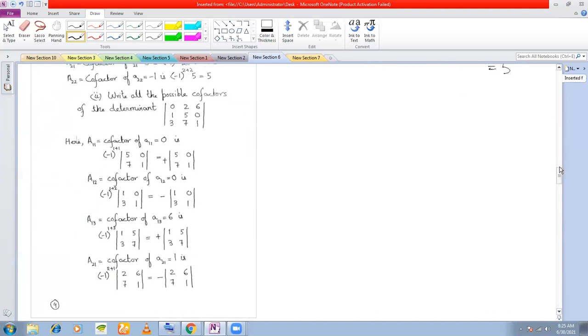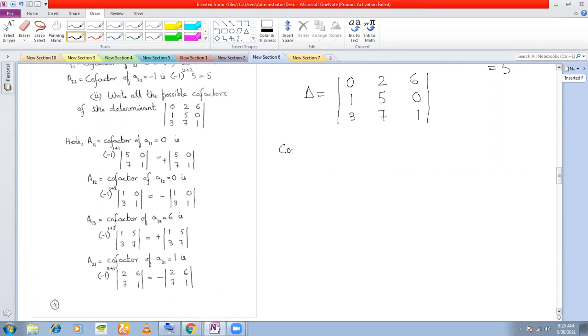Next, how to write the cofactors of a determinant of order 3 or higher. Let's say I have this determinant 0, 2, 6, 1, 5, 0, and 3, 7, 1. Call this determinant delta.